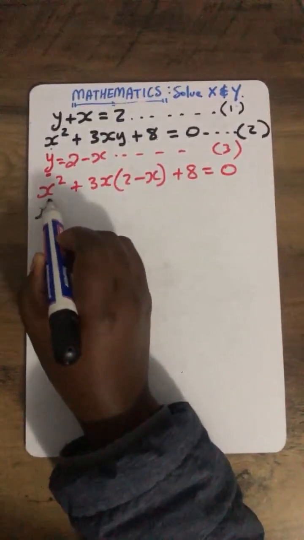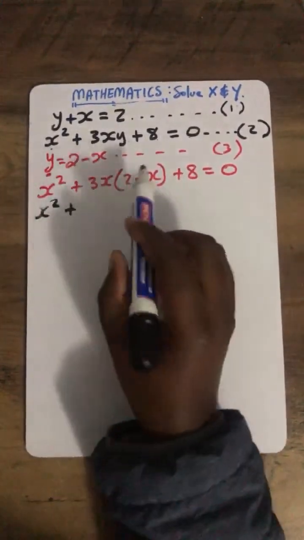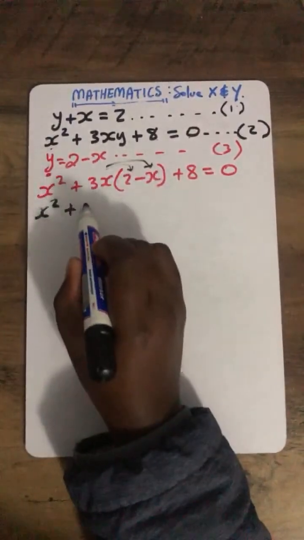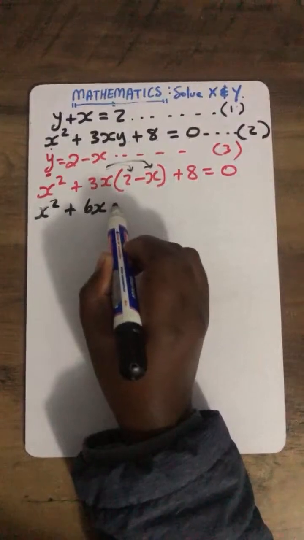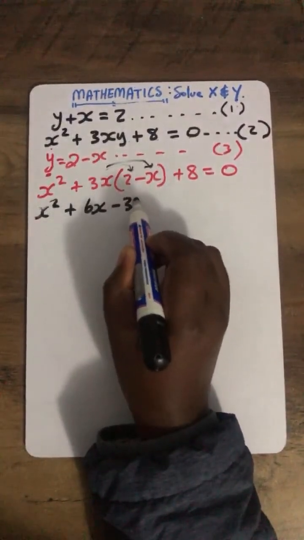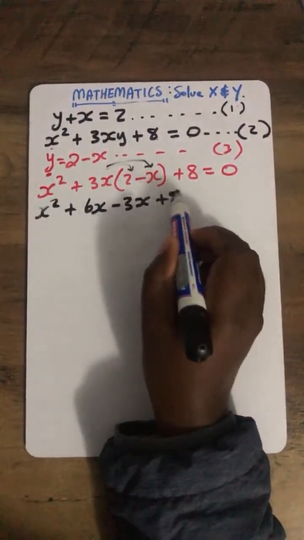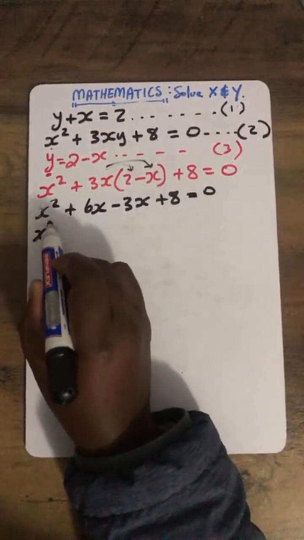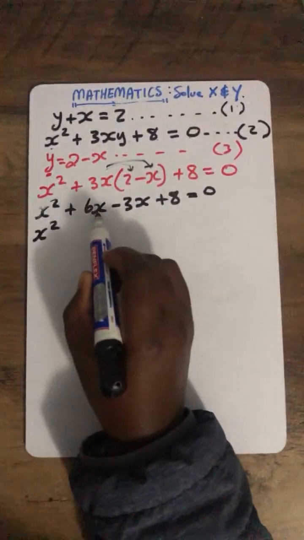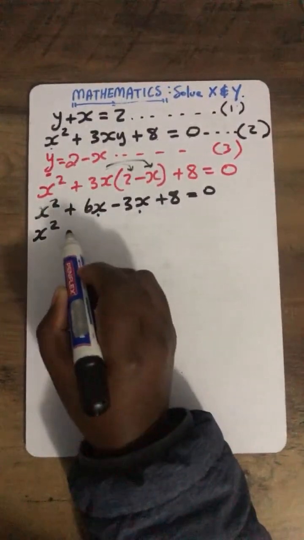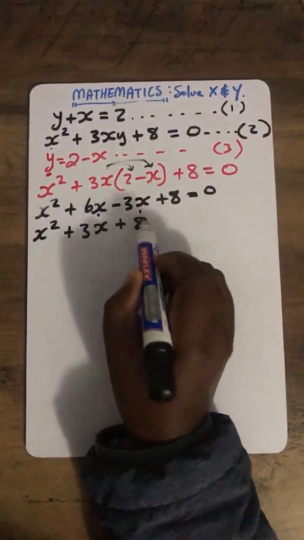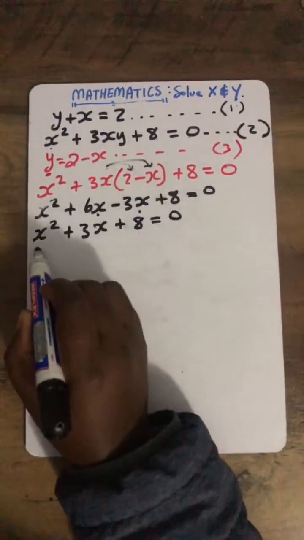So now you still have that plus, this is where you will say that by that. So you've got your 6x minus, you've got your 3x there, you still have your plus 8 there, that is 0 there. And then you've got your x squared there, that minusing that, you've got your 3x, and then you plus that, this is equals to 0.